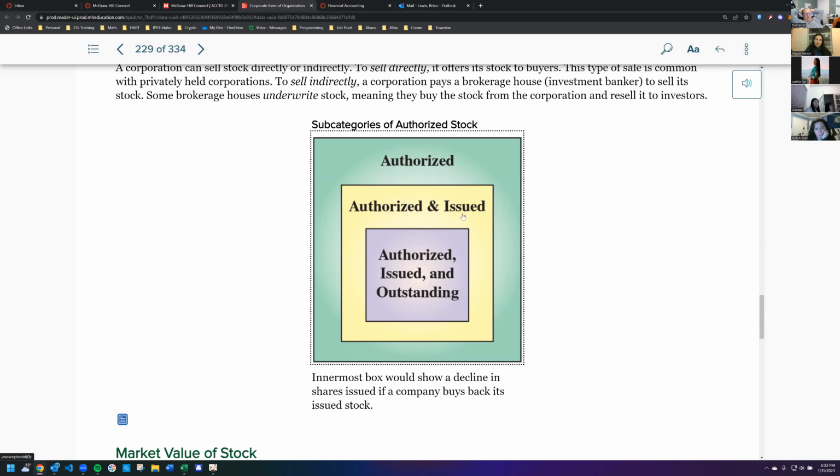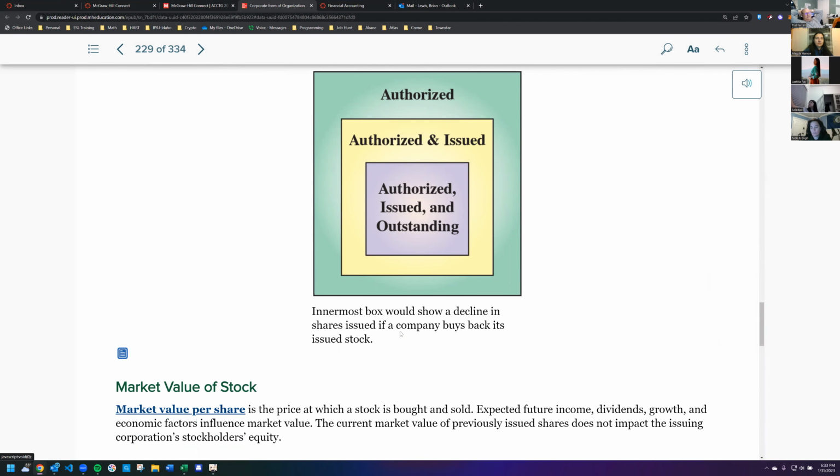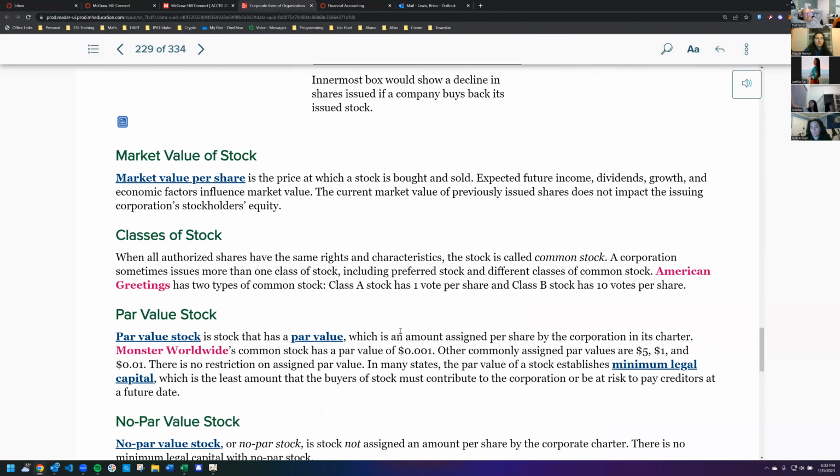The ones owned by the corporation would be subtracted from the issued amount, and it's what's outstanding. Outstanding is owned by the corporation. Issued is what's totally issued. Authorized is the total amount of what they can sell.